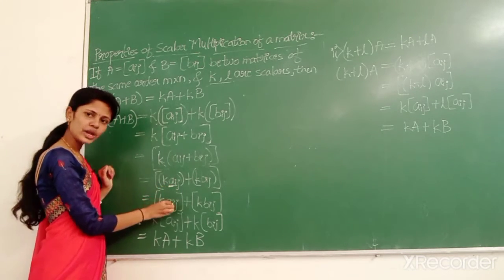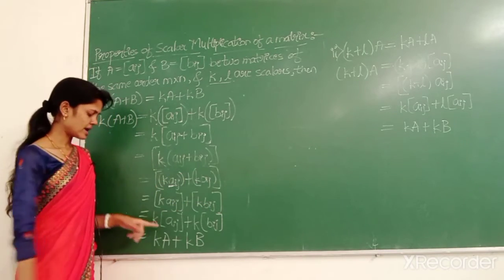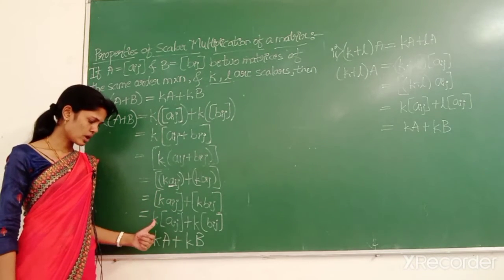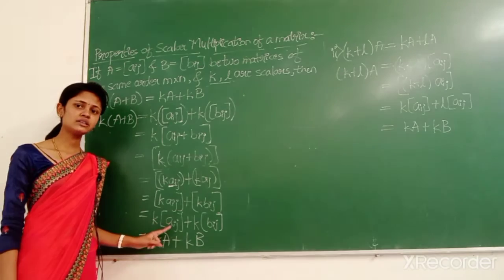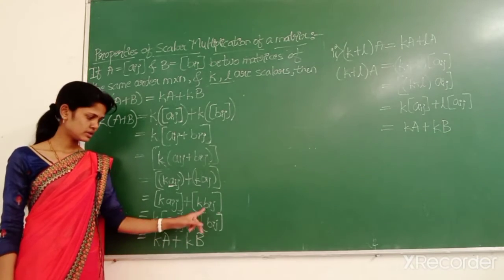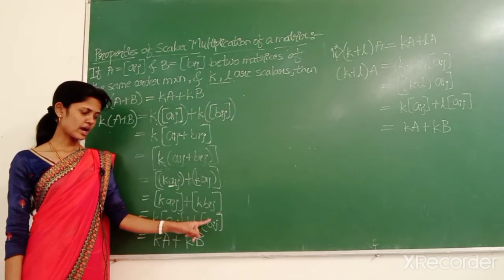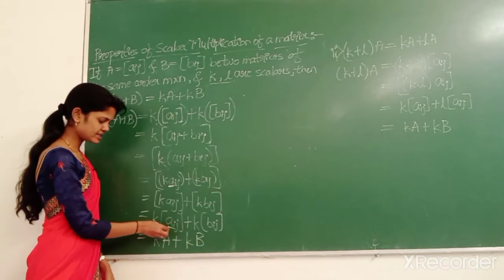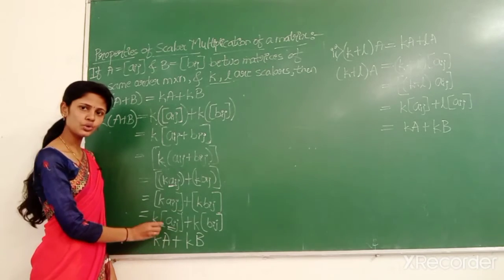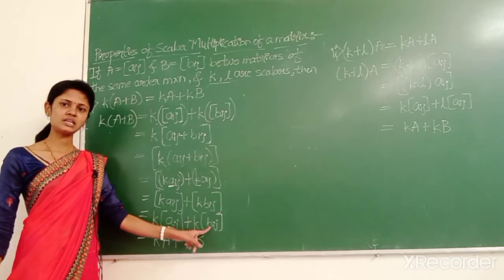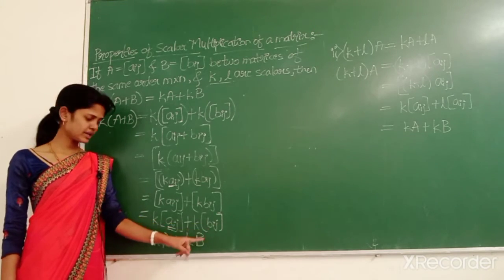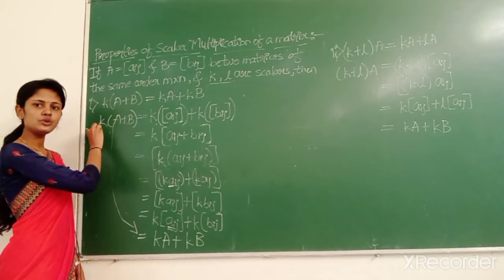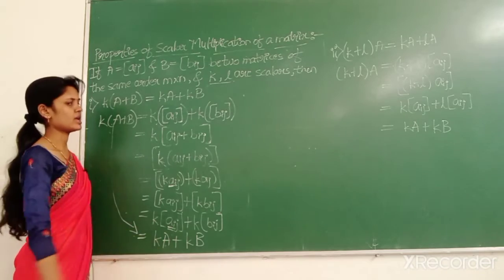So K into Aij plus K into Bij, and then take the scalar quantity outside the matrix: K into the matrix Aij plus K into the matrix Bij. Aij is the element of the matrix A, so K into A, plus Bij is the element of the matrix B, so K into B. This is what we wanted to prove: K into A plus B is equal to Ka plus Kb.